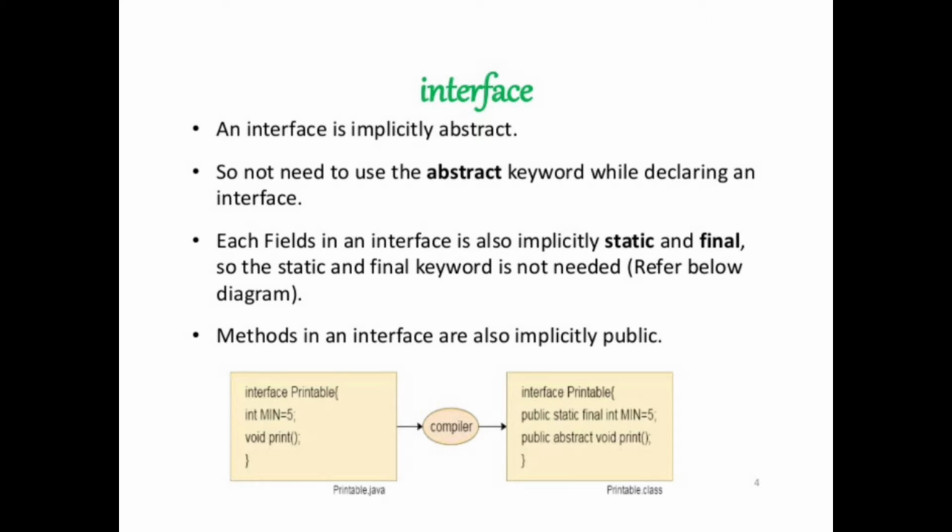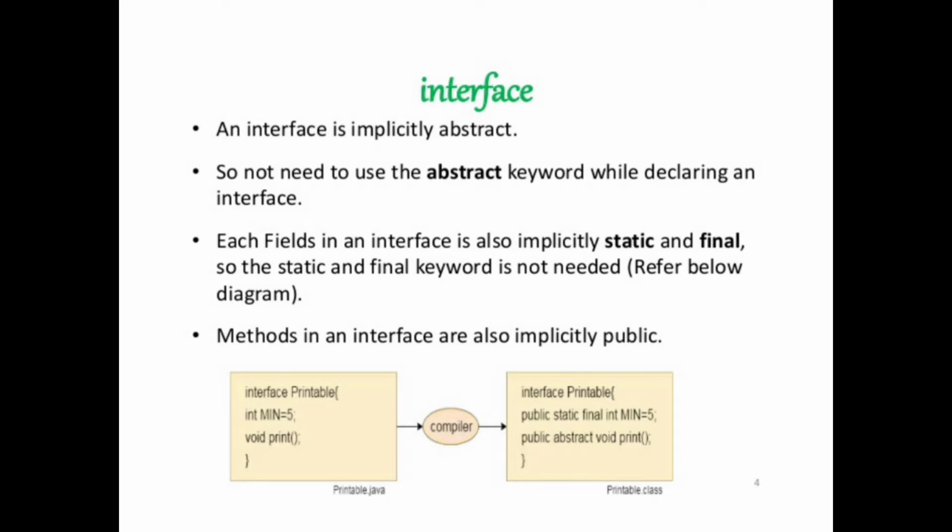An interface is implicitly abstract, so there is no need to use the abstract keyword while declaring an interface. Each field in an interface is also implicitly static and final, so the static and final keywords are not needed. And methods in an interface are also implicitly public.